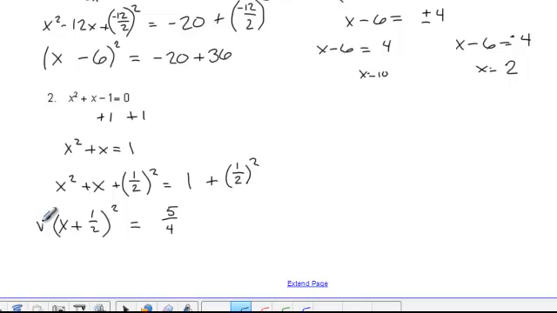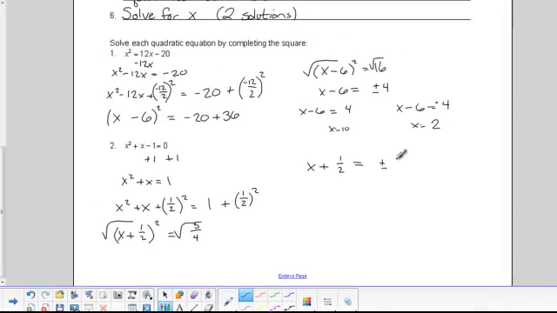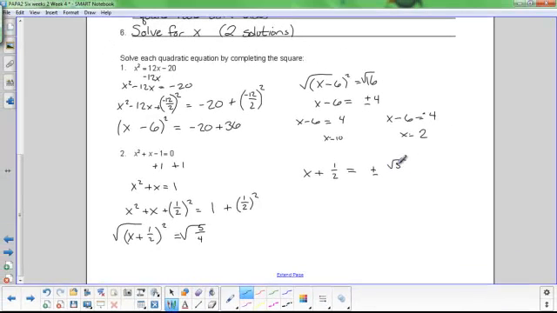Square root both sides, and you're going to get x plus 1/2 equals plus or minus the square root of 5 over 2. Then I'm going to subtract 1/2 to both sides. X equals negative 1/2 plus or minus the square root of 5 over 2.